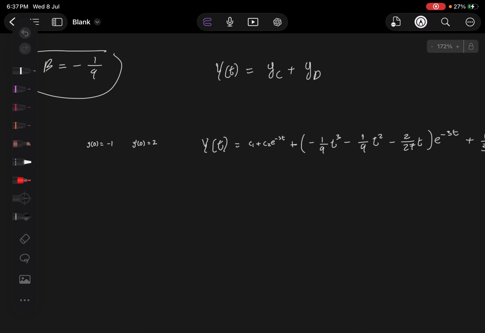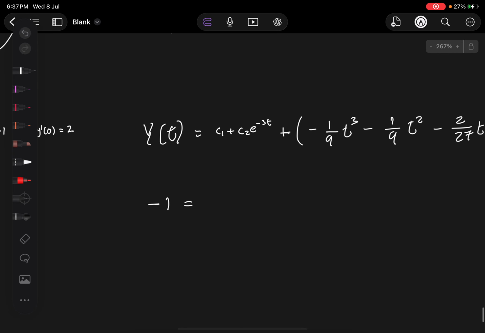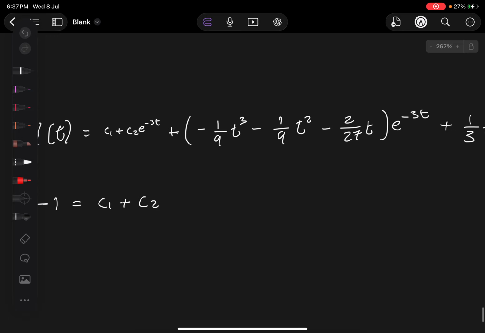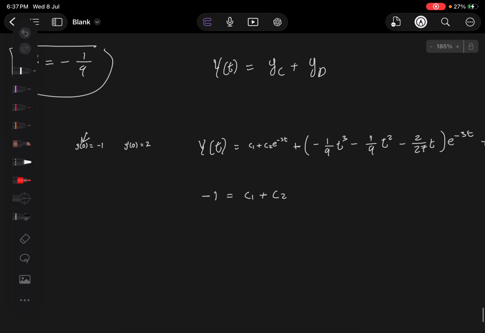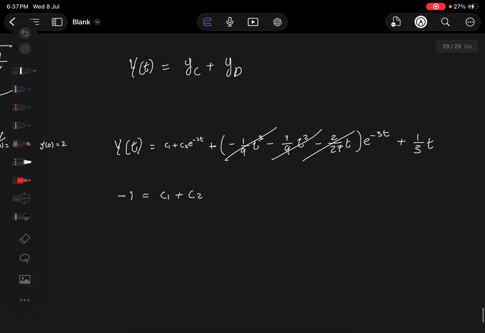So first, y at 0 is equal to negative 1. So we substitute 0 for t. So that's C1 times 1, plus C2, and if you substitute 0 you get 0, 0, 0.